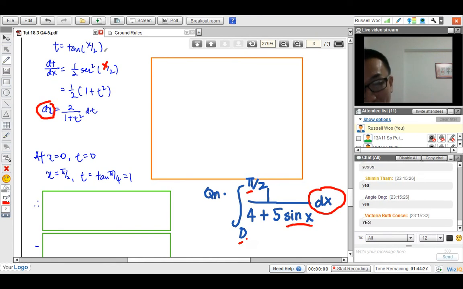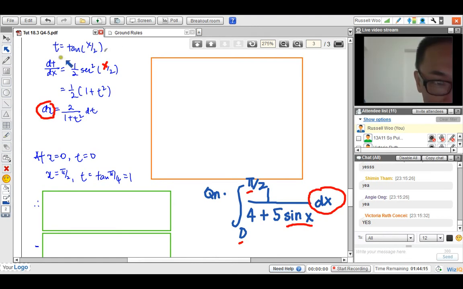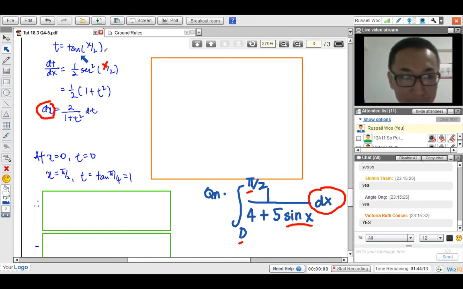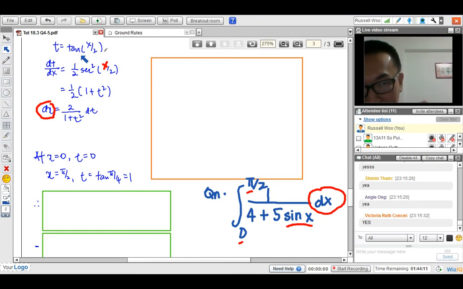Can I ask a question first? In this context, this line, maybe I look at this one. The arrow here. t equals tangent x over 2. Am I right to say that x is sort of like an angle? Correct? x is like an angle. t is like a ratio.